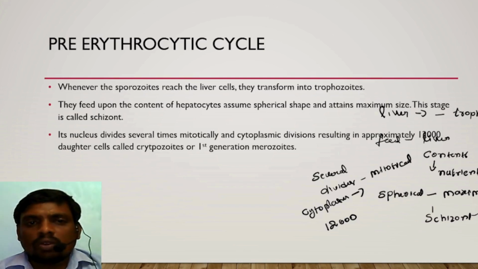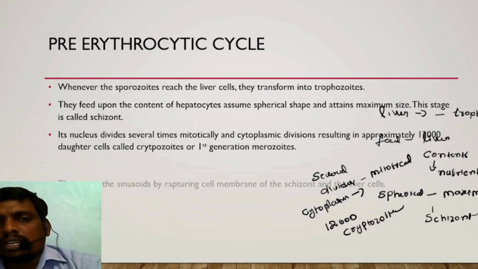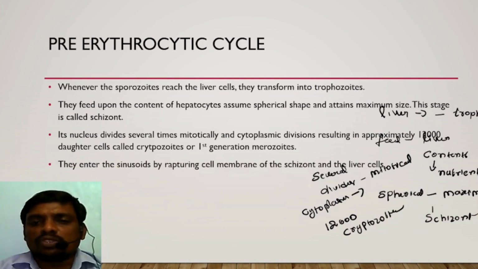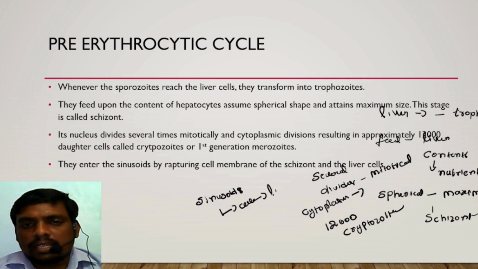The 12,000 daughter cells are called cryptozoites or first generation merozoites. By rupturing the sinusoids of the liver cell membrane, they reach the liver cells directly.